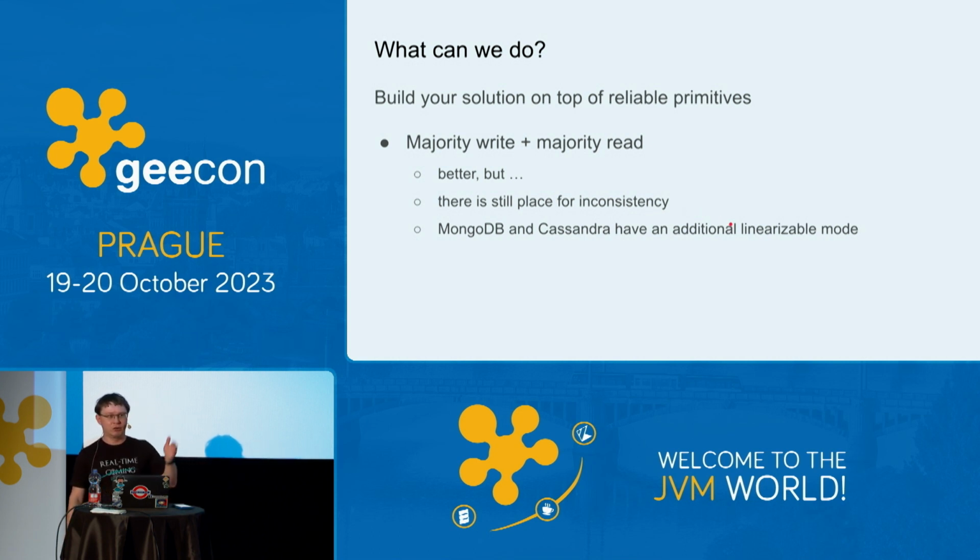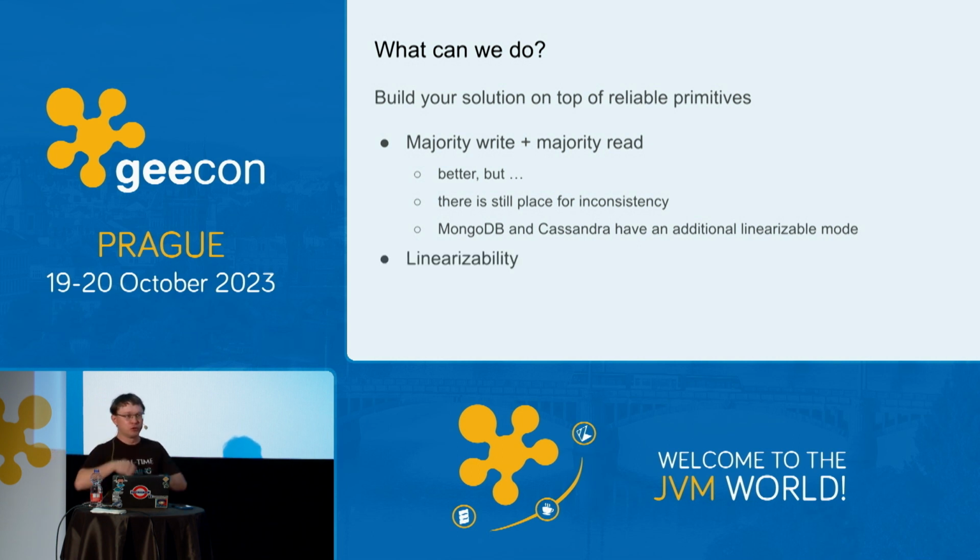In MongoDB, you can specify it during the read operation. And in Cassandra, they have so-called lightweight transactions that use the Paxos consensus protocol if you would like to be consistent with Cassandra.